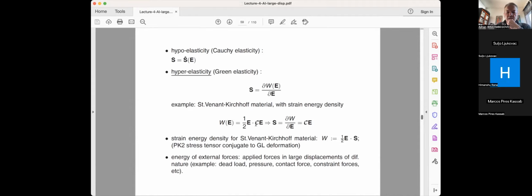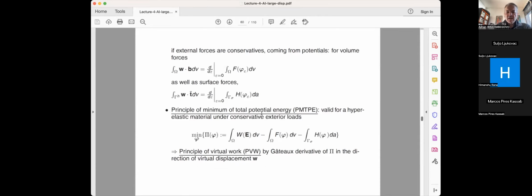So if on top of that, I allow that external forces come from a potential, in other words, that I have some kind of potential which gives me the external forces as a derivative of this potential with respect to the configuration, and the surface force is the same thing, then I can build the whole total potential energy in terms of, let's say, the strain energy density W and these potential external forces, and hopefully I can count on the principle of minimum total potential energy.